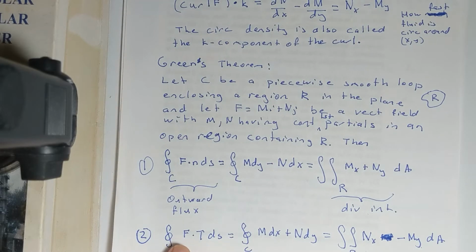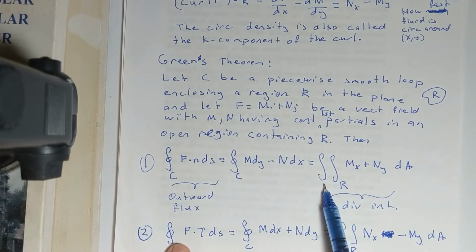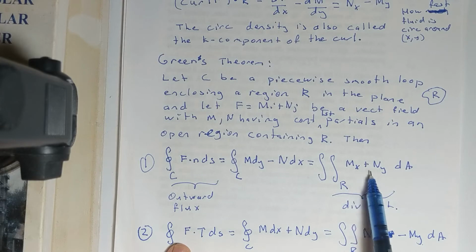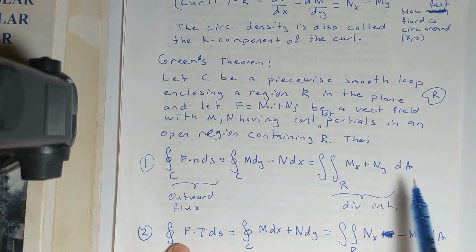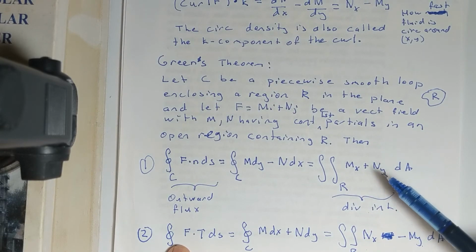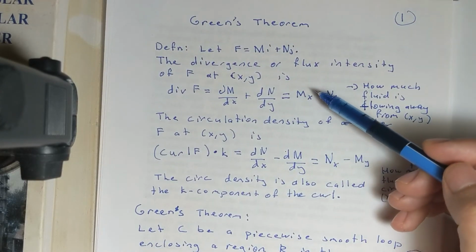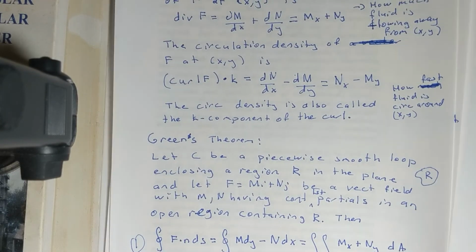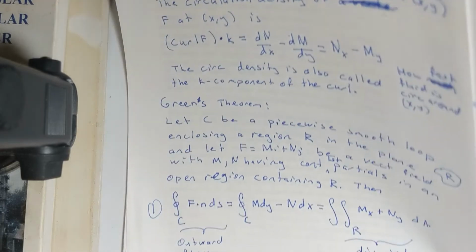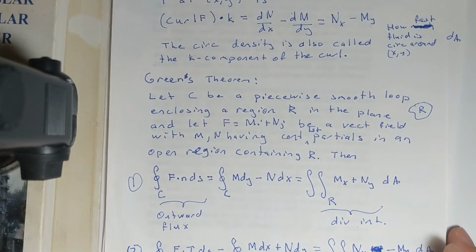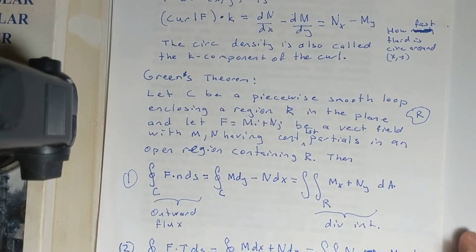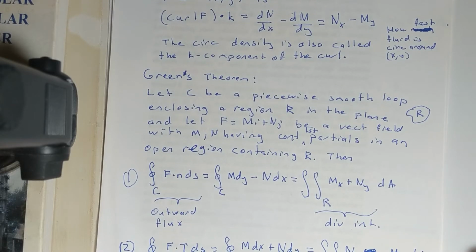Now Green's theorem miraculously turns it into a double integral. It becomes M sub x plus N sub y, okay? Remember that was the div F, so that just becomes the divergence integral. You're just integrating the divergence of F.